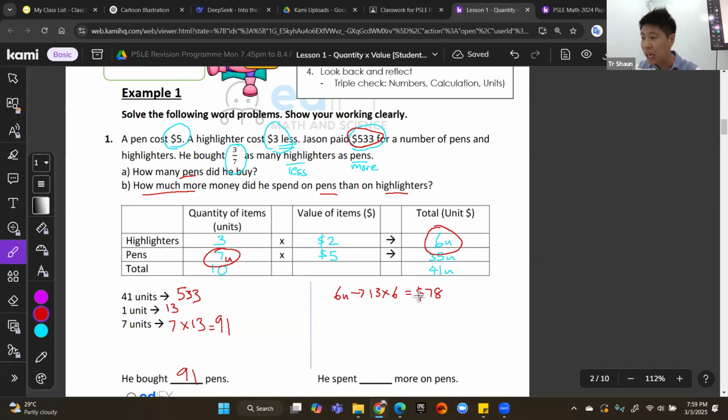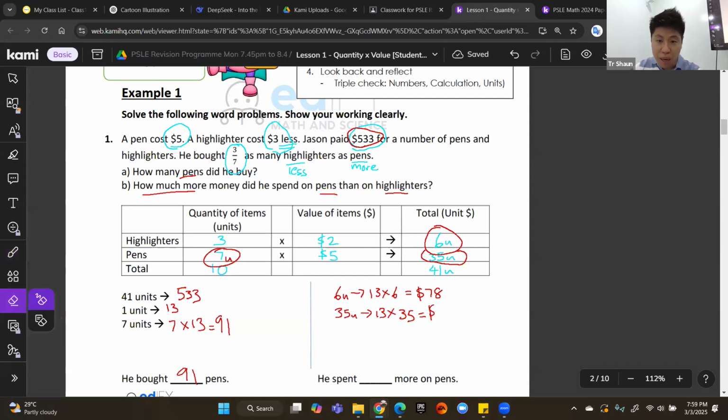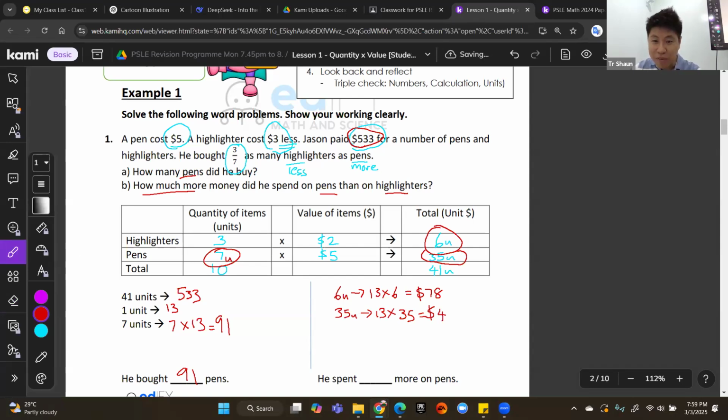How about pens? 35 units, right? So 35 units is spent on pens. So I take 13 times 35. That will give me 455. Those in my classes will know that I will sometimes make careless mistakes, so please correct me if I'm wrong.